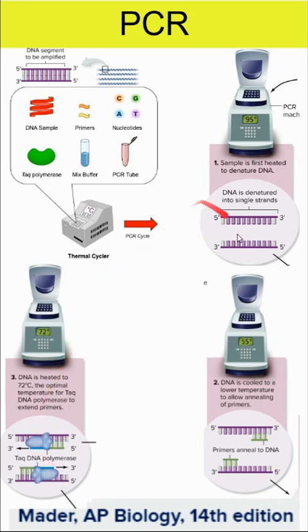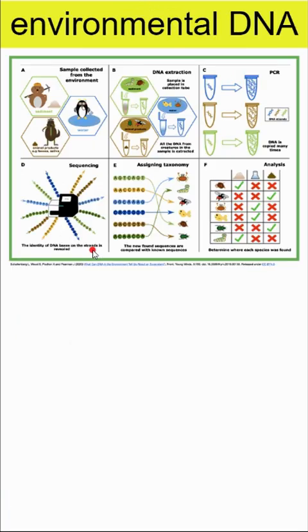And if you just keep running this over and over and over, every time you run it through a cycle, it's going to double the amount of DNA available. So this is a very simple process to create and amplify a tremendous amount of DNA. Now, how that might be used, you can actually take DNA from the environment.